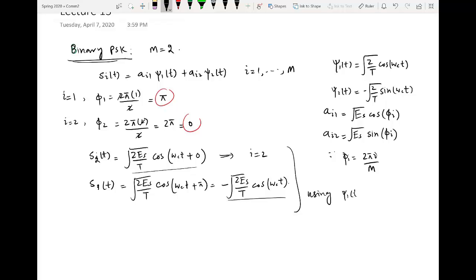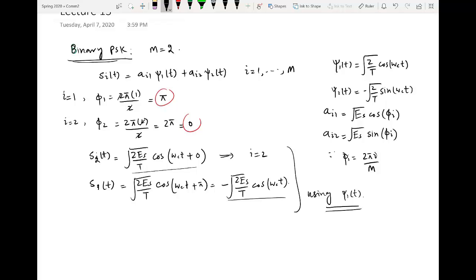Due to this reason, BPSK is very much similar to the case of one-dimensional schemes, because it is only using one basis function. But the point to be considered is that for higher order modulations, for M greater than 2, we will be requiring two basis functions which need to be orthogonal, right?